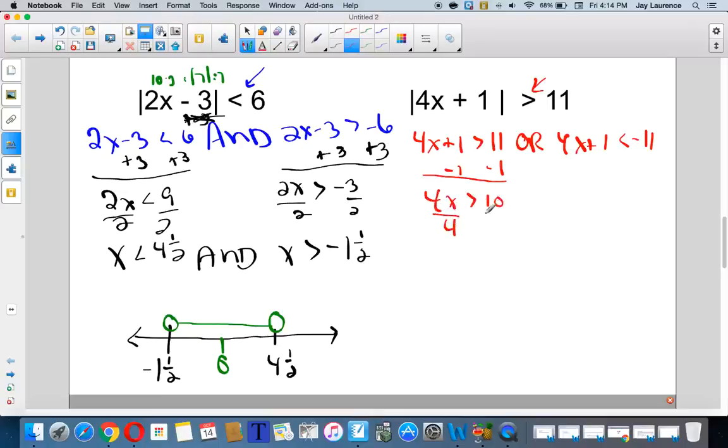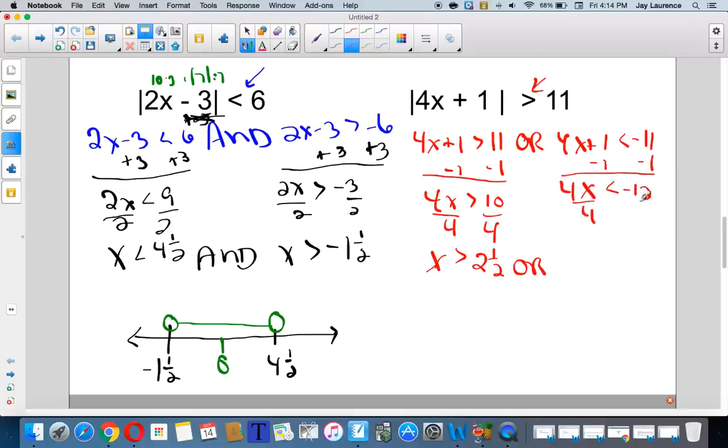I divide by 4. I'm going to get x is greater than 2 and a half. Or I've got to come over here and subtract 1, and I'm going to get 4x less than negative 12.